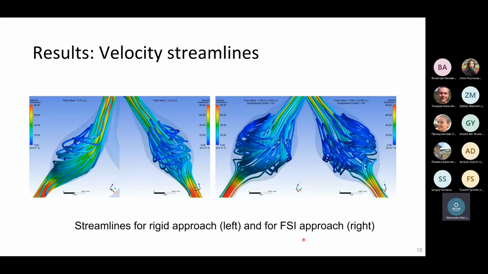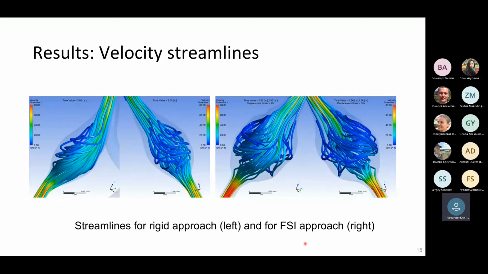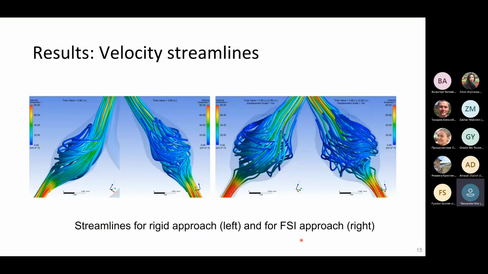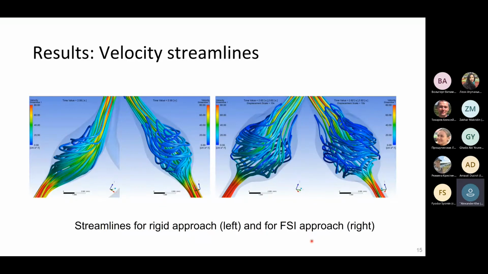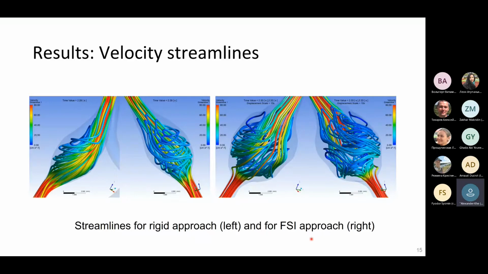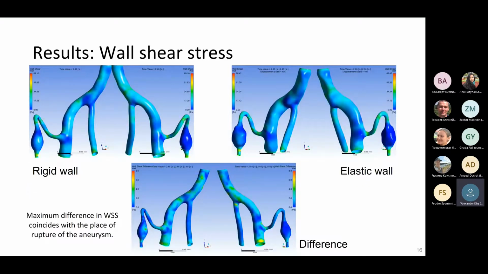So basically there are almost no changes in the flow, except that the shape of the aneurysm slightly deforms. Of course, the deformations are not shown to scale. And what's interesting was that the site of the maximum of the wall shear stress coincides in both cases, for both rigid wall assumption and elastic wall assumption.